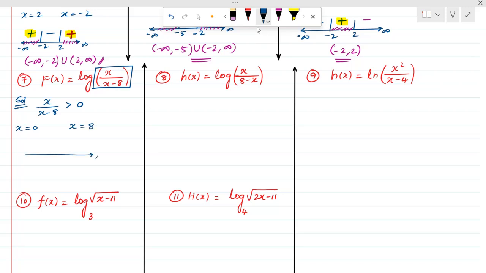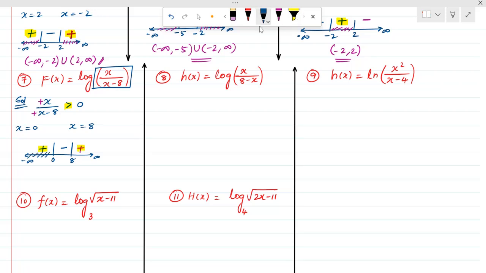And the sign diagram, plus infinity, minus infinity. This is 0. This is 8. Now when you see the sign of x, x is plus here, x is plus here, starting will be plus. Now alternate sign, minus, here plus. We need here more than. More than means you will have two intervals. What are the two intervals?